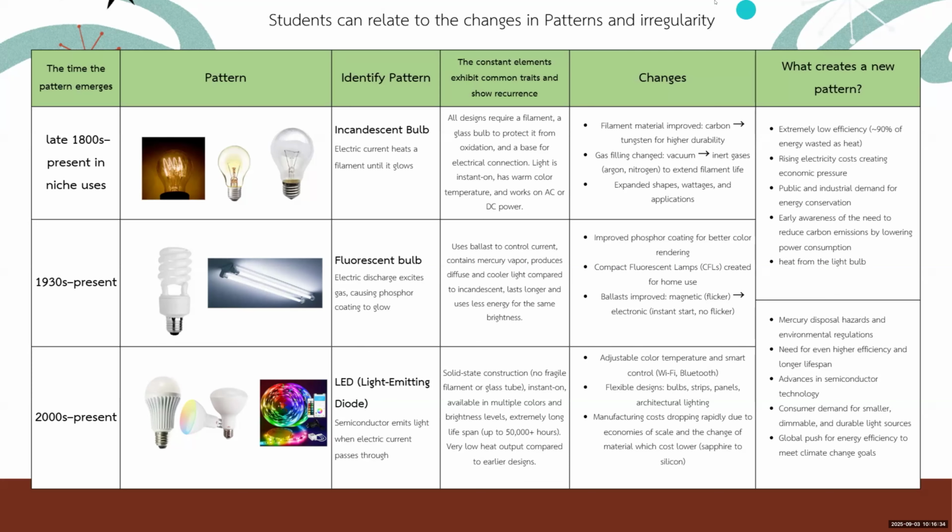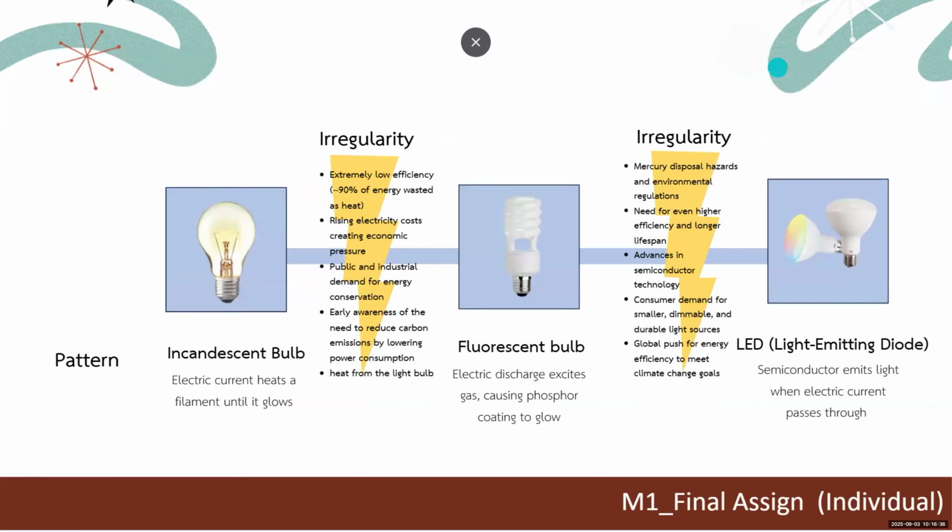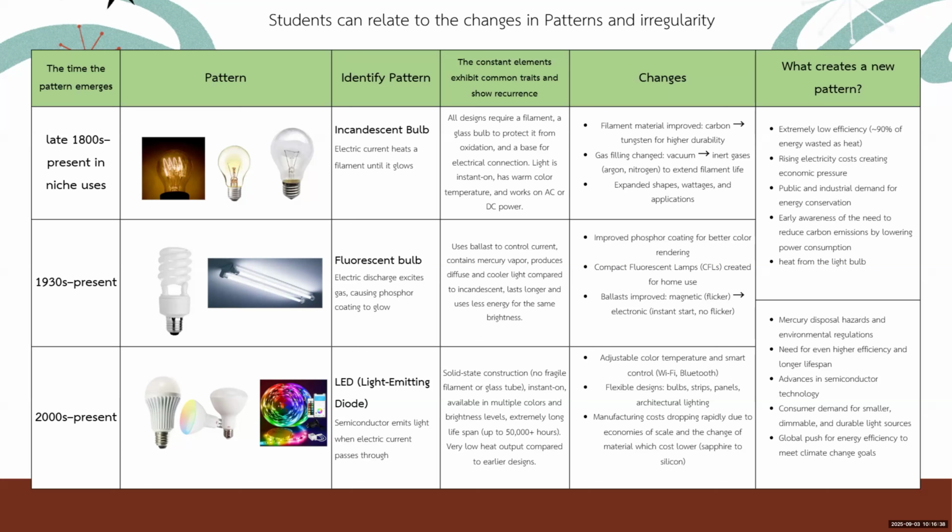And they tried to improve it by changing the material of the filament to have a longer lifespan, filling the bulb with gases to make the filament last longer, and making different shapes of the bulb. But the problem is that about 90% of this bulb's energy was wasted as heat, so it has extremely low efficiency.